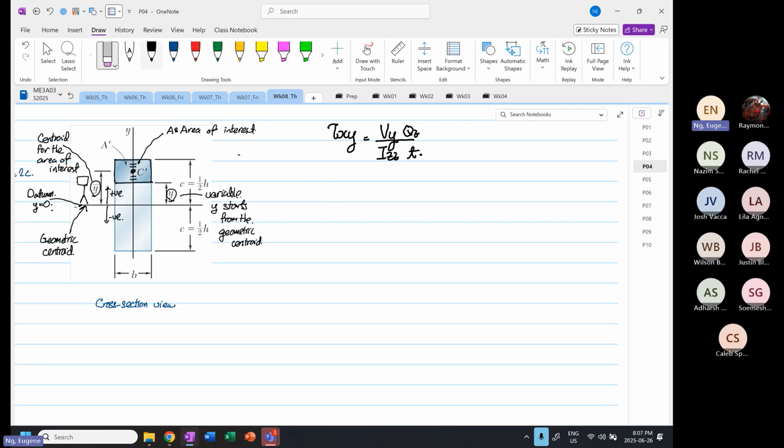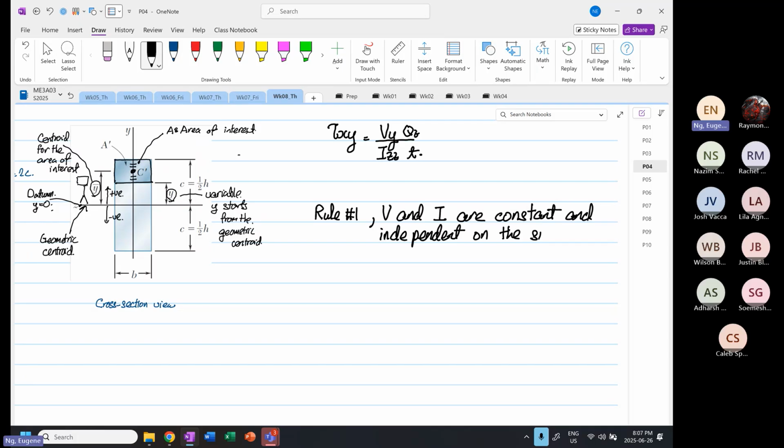So rule number one is that V and I are constant and independent of the size of the area of interest.